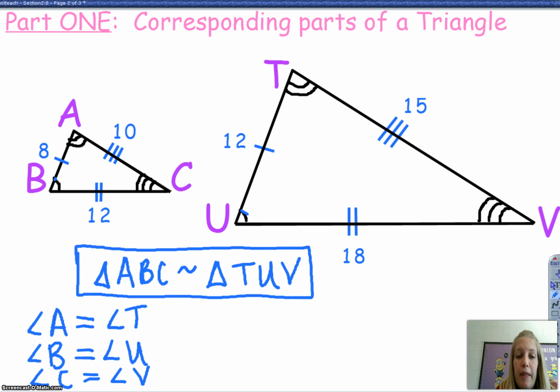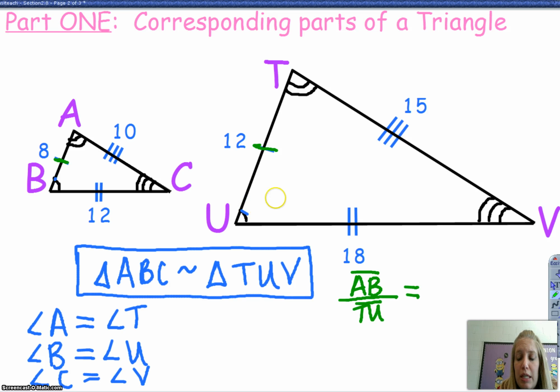They are equal. Also, with the sides, we said that they are proportional. What that means is that side AB, notice it has 1 tick mark, and we say side, line segment like that, is proportional to TU, because it has 1 tick mark, TU, with a line segment.